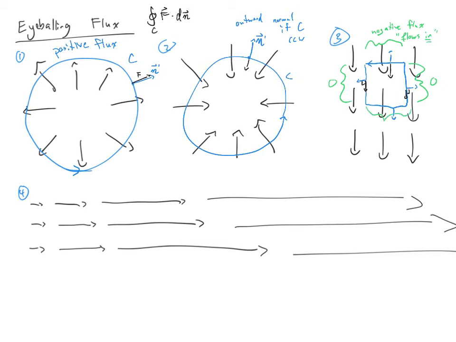But then on the bottom, I'm getting an equal but opposite amount of positive flux, which is flowing out. So equal amounts flowing in and equal amounts flowing out means that the flux should be 0. So total flux is 0 because they cancel.